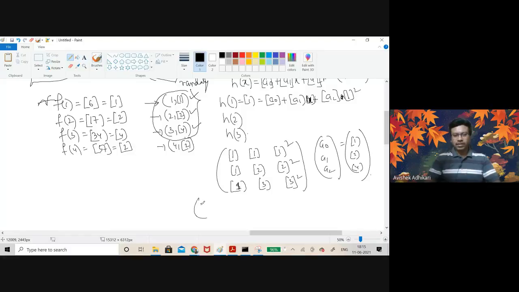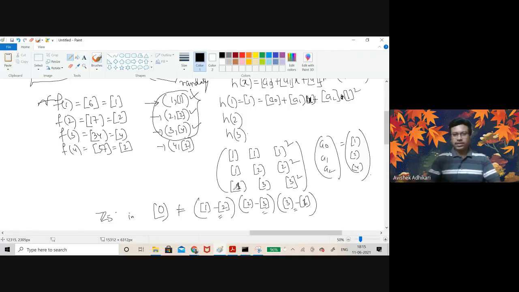The determinant value will be non-zero, because it will be class 1 minus class 2, into class 2 minus class 3, into class 3 minus class 1. You can check that this value is never equal to 0 in Z5, because each of them is a non-zero element, and the product of non-zero elements is always non-zero in the field.